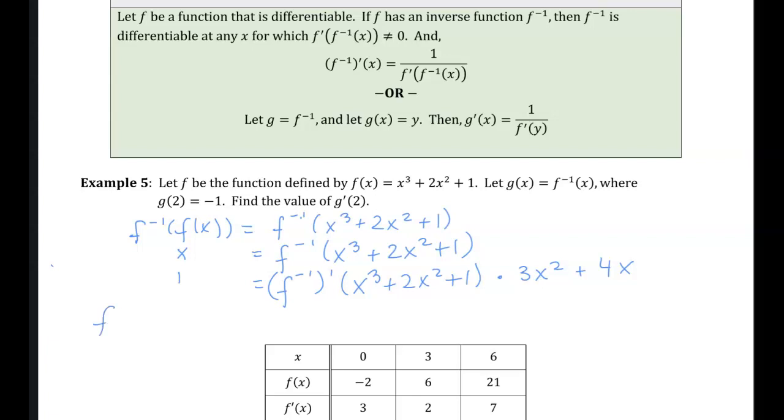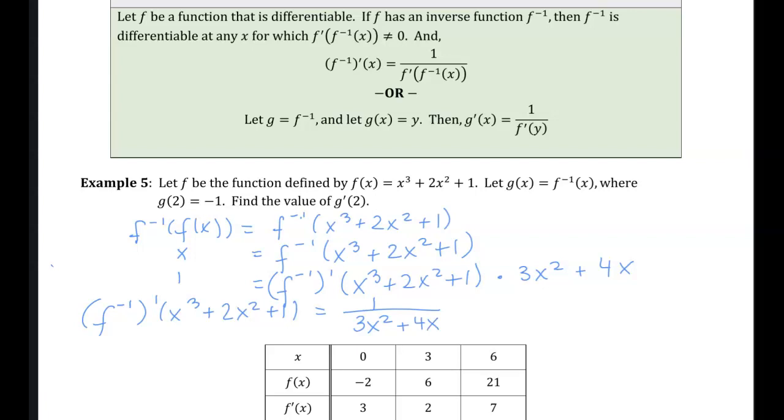So we end up with f inverse prime of x cubed plus 2x squared plus 1 is equal to 1 divided by 3x squared plus 4x.